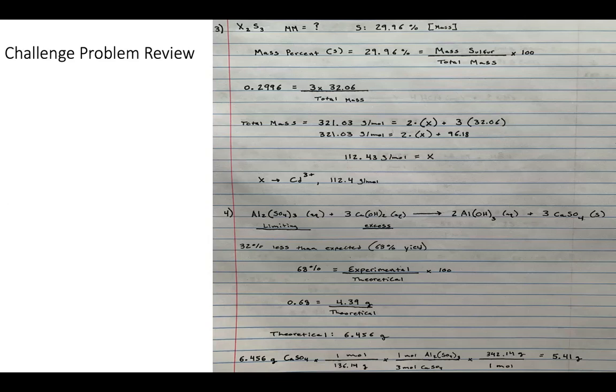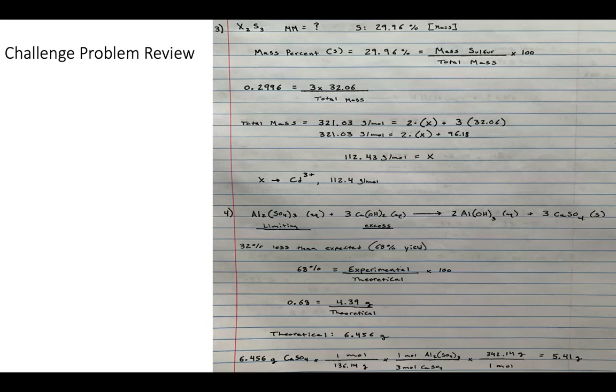We're just turning our percentage into a decimal there, is equal to our mass of sulfur, which would be 3, because we have 3 sulfur atoms in this compound, X2S3, times its molar mass, 32.06, over our total mass. So that is equal to, again, our 29.96%, which we just converted to a decimal form.